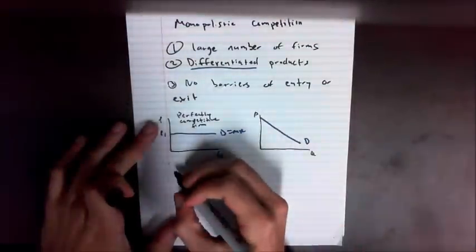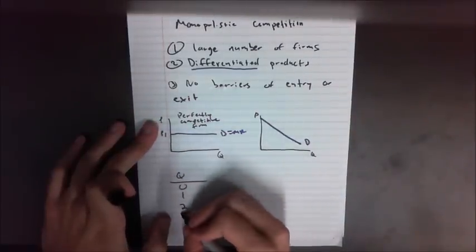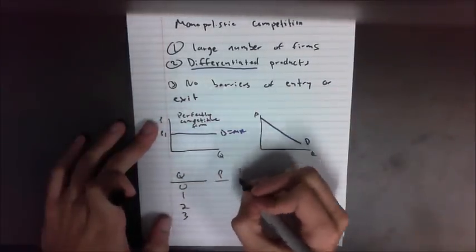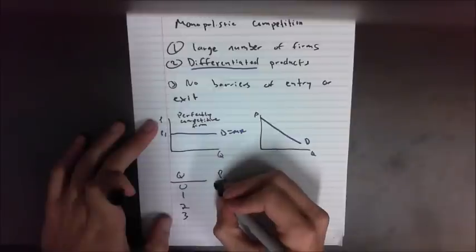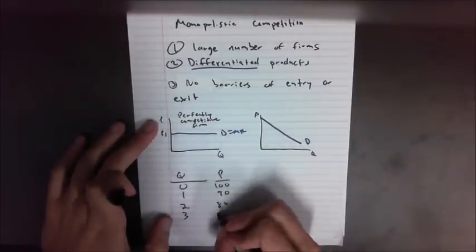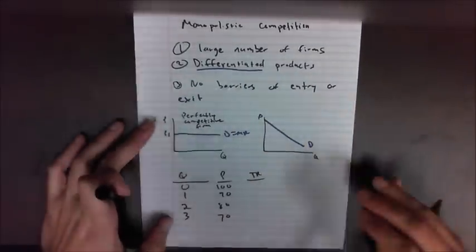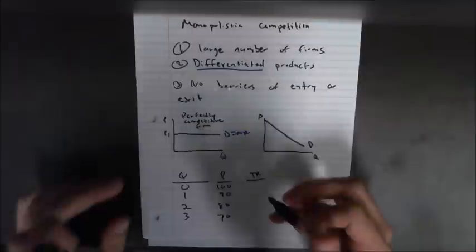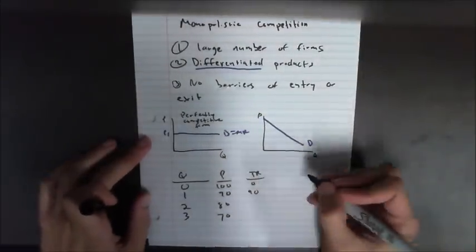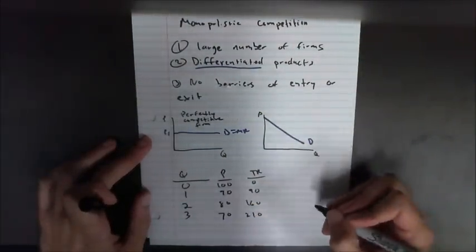Now let's imagine for a second my quantity here was 1, 2, 3, and price here was 100, 90, 80, 70. My price times quantity would be equal to my total revenue. So here would be 0, here would be 90, here would be 160, and here would be 210.